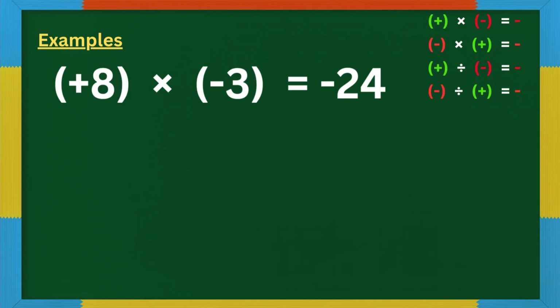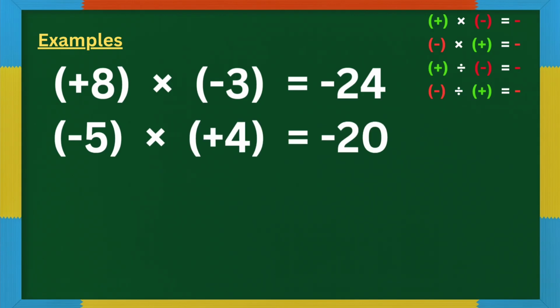So the answer is minus 24. The second one is minus 5 multiplied by plus 4. That means minus into plus is equal to minus. 5 into 4 is equal to 20. So the answer is minus 20.